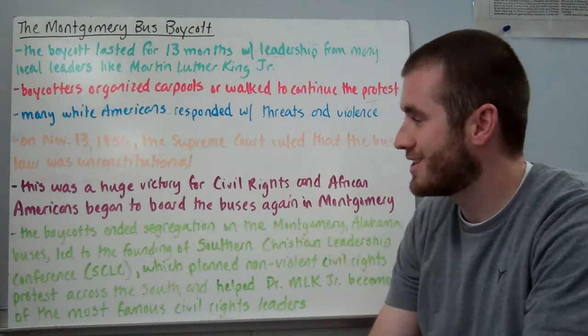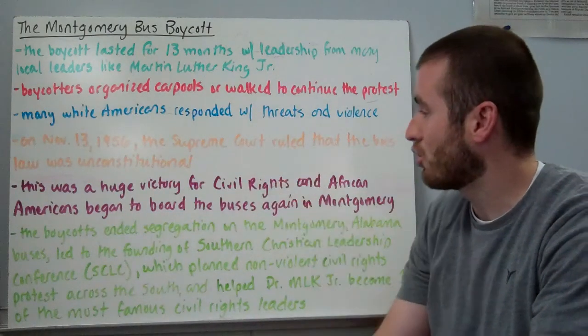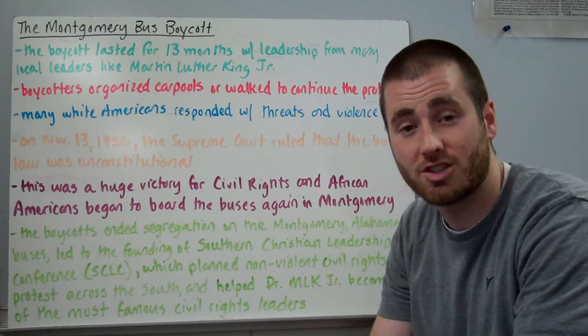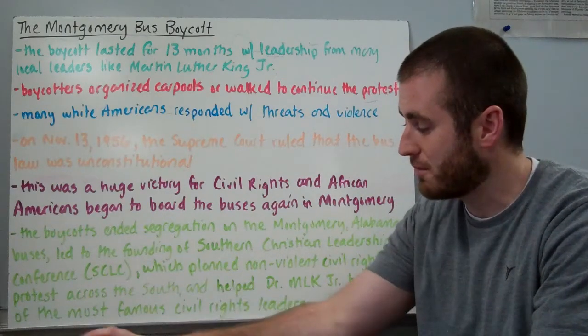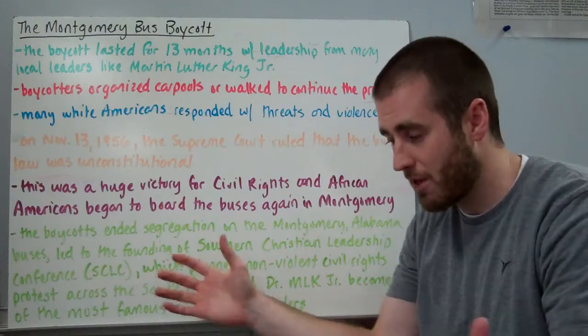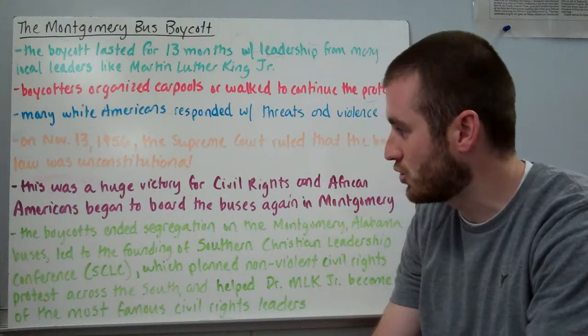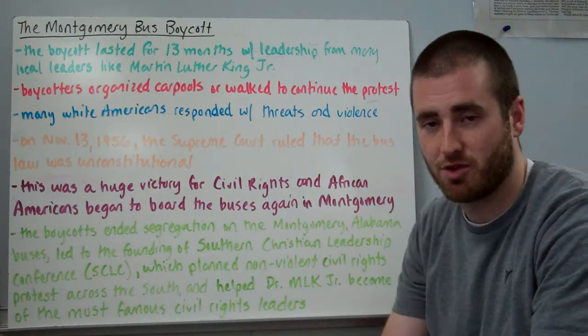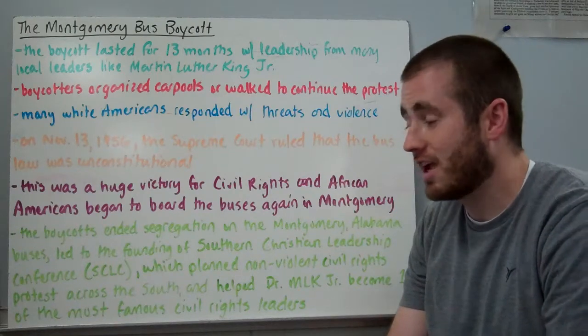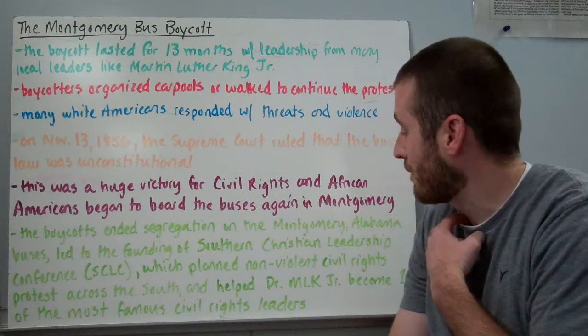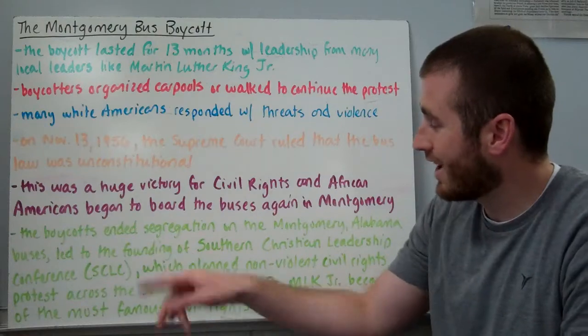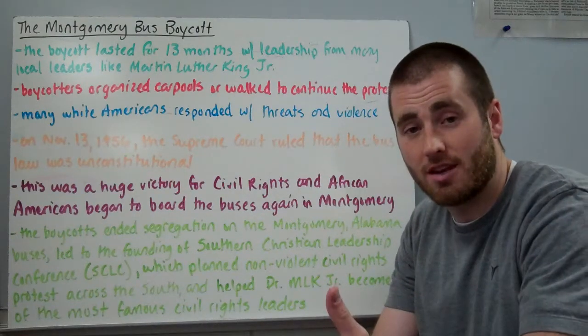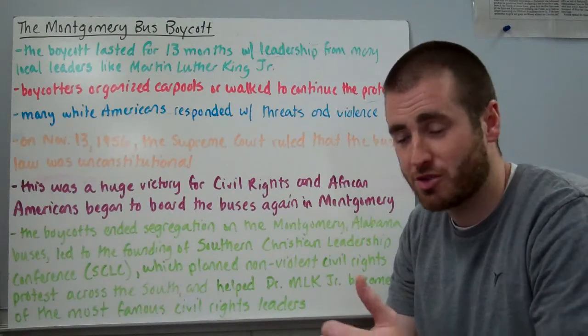Then on November 13th, 1956, the Supreme Court ruled that the bus law was unconstitutional, and you can no longer have African Americans in the back and whites in the front, that buses should be integrated just like schools were. This was a huge victory for civil rights, and African Americans began to ride the buses again in Montgomery, Alabama.